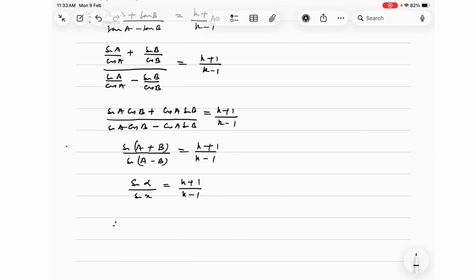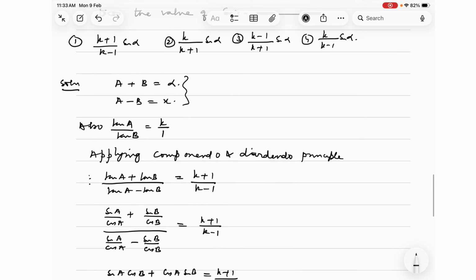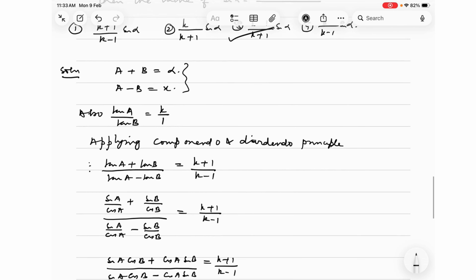So sin x, cross multiplying, we get (k minus 1) by (k plus 1) into sin alpha. This is the answer for the problem. Therefore, the answer is the third option. Very good question.